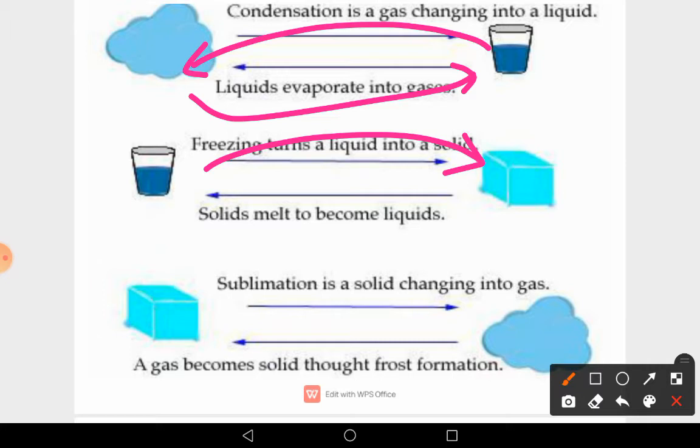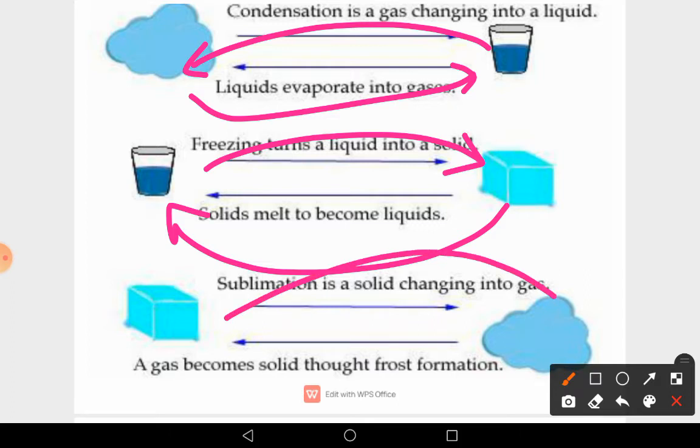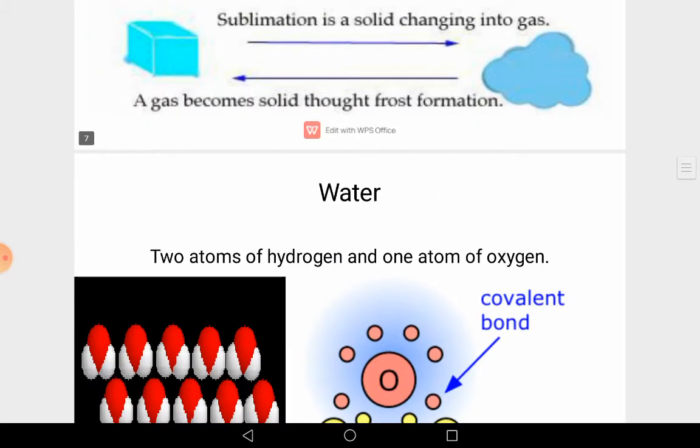We call it ice, and when this solid melts, it becomes liquid. Again, this reaction is vice versa. Sometimes a solid changes directly into a gas or vapor. We call it sublimation, and the gas can sometimes become a solid through frost formation. This is again a vice versa reaction.